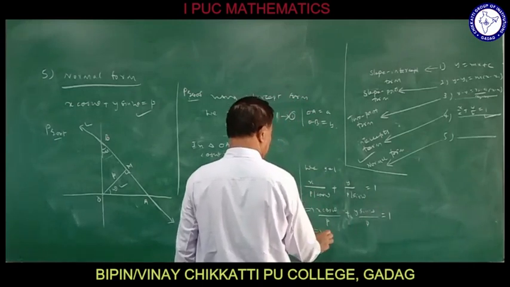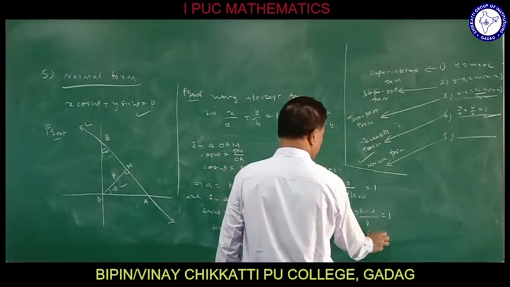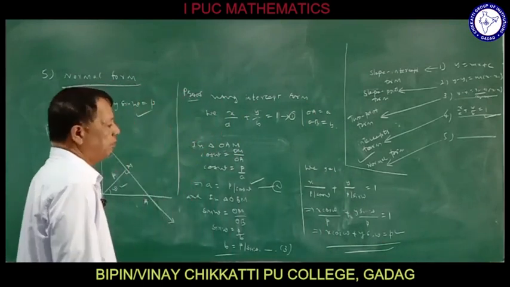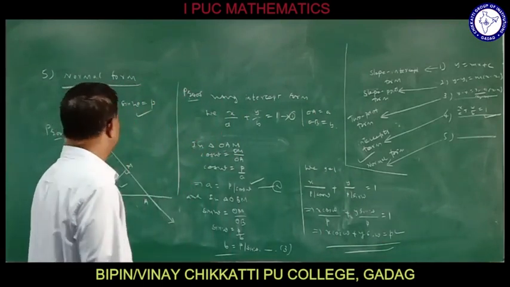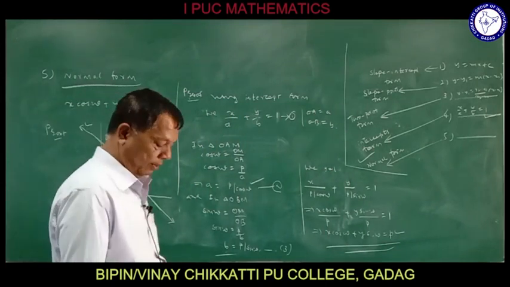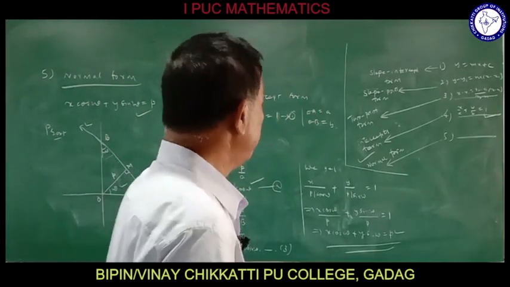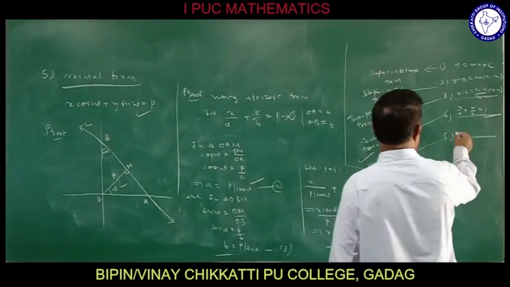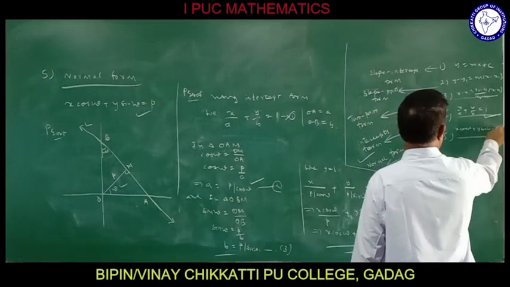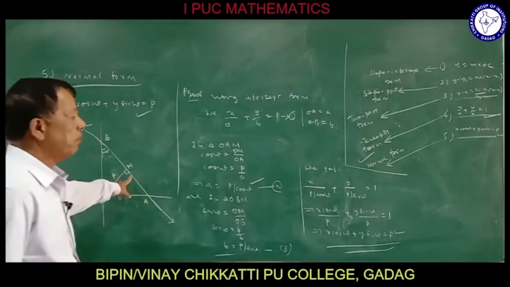Multiply both sides by P: x cos omega plus y sin omega equals P. This is the normal form of the line passing through the two points A and B, where OA and OB are the intercepts we have already discussed. I hope you understood that the normal form is x cos omega plus y sin omega equal to P. What is P? P is the perpendicular distance of that line from the origin.